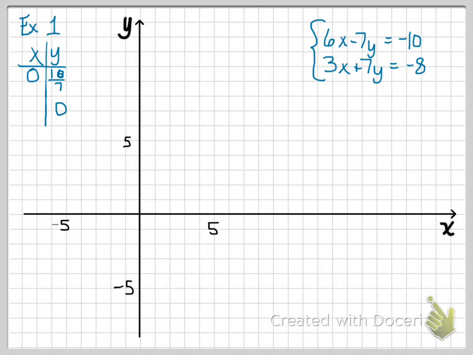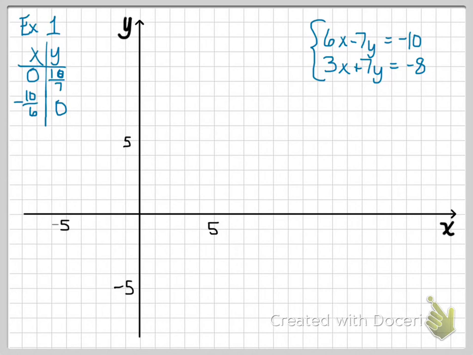Now I'm going to make y equal to 0, and if y is equal to 0 here, then 6x equals negative 10, and x would be negative 10 over 6, which actually simplifies to negative 5/3.